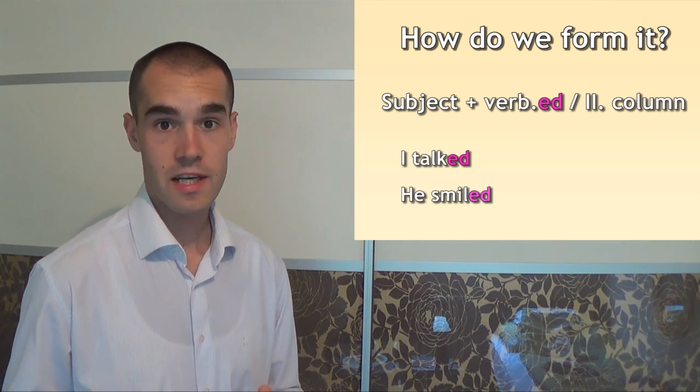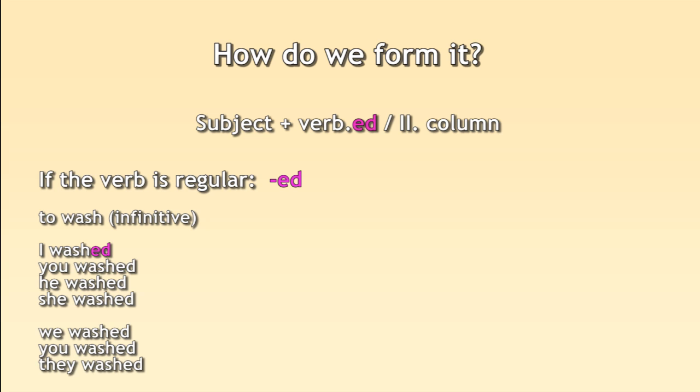Let's look at it more precisely. Let's look at the conjugation. If the verb is regular, you will add only an ed and you won't conjugate a thing. So let's look at the verb to wash in its infinitive form. It's going to be I washed, you washed, he washed, she washed, we washed, they washed.